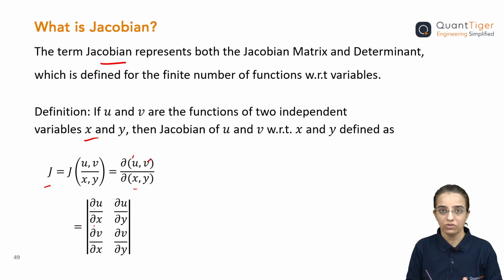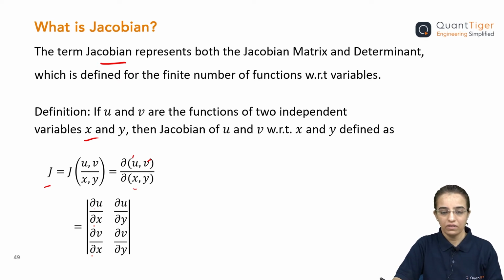Similarly v is also a function of x and y, so we differentiate it with respect to the variables: del v upon del x and del v upon del y, and we write this in the form of a determinant. So that's how we write the Jacobian.